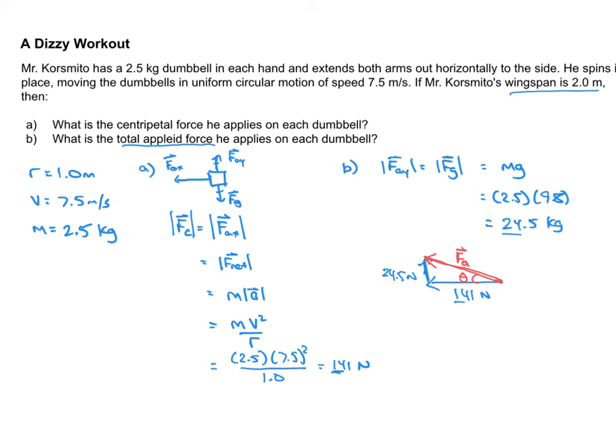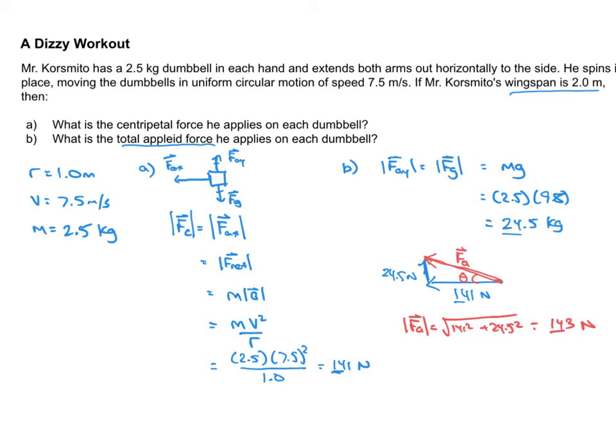Okay, so in terms of the magnitude, that's the Pythagorean theorem. It's giving me 143 newtons. We did 2 sig figs.